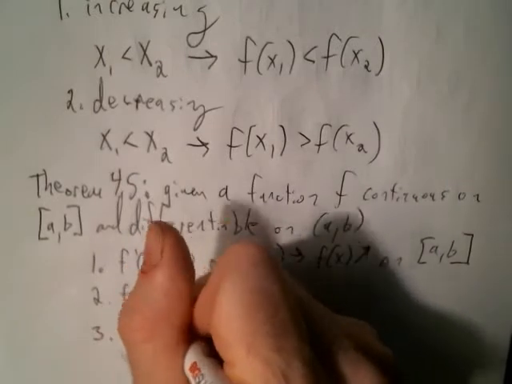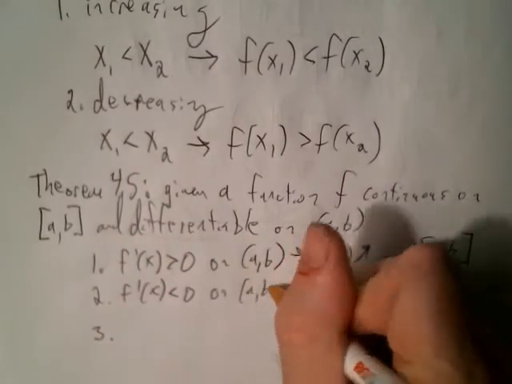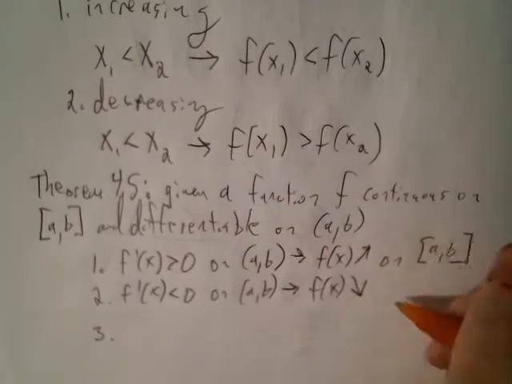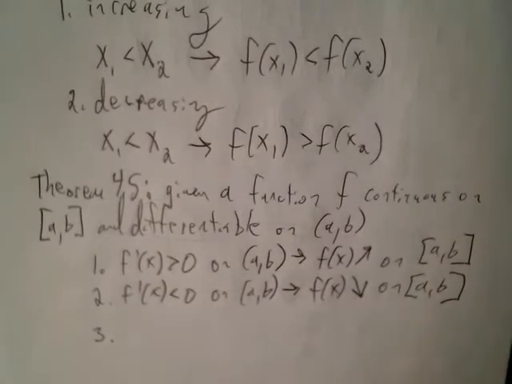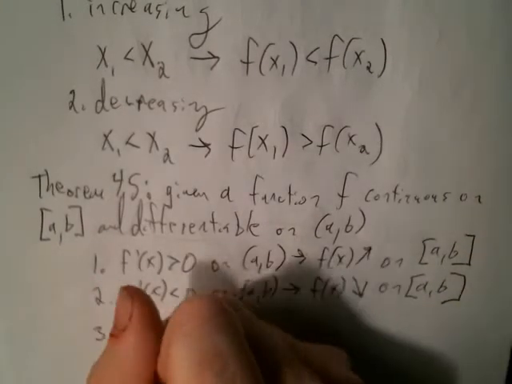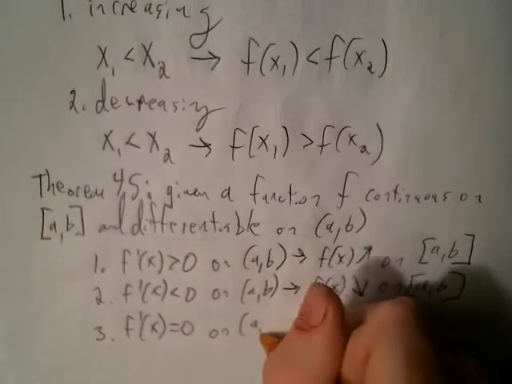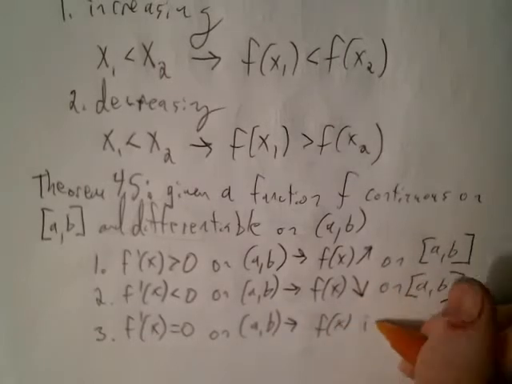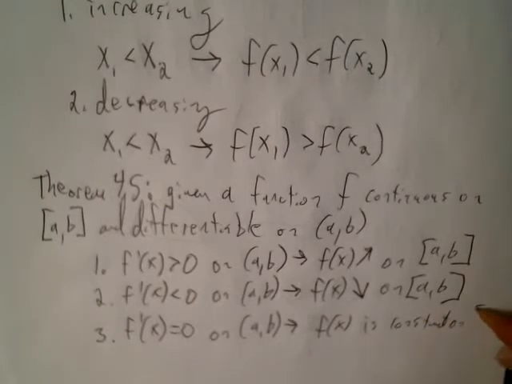If f prime of x is less than 0 on this open interval from a to b, then f of x will be decreasing on the closed interval from a to b. Finally, if f prime of x is equal to 0 on a to b, then f of x is constant on a to b.